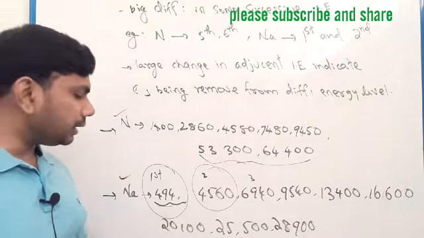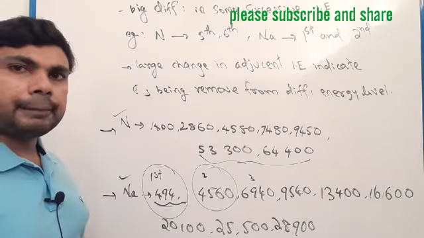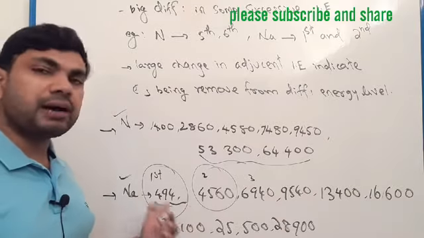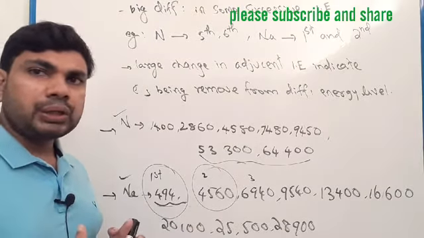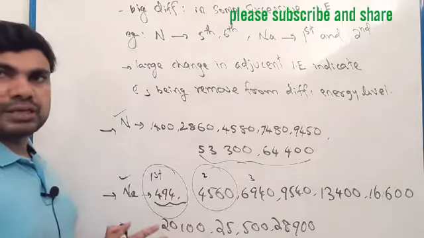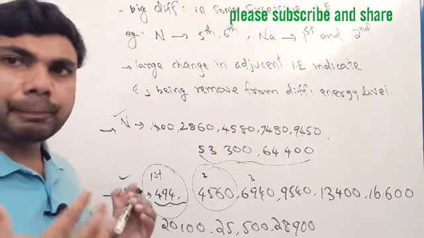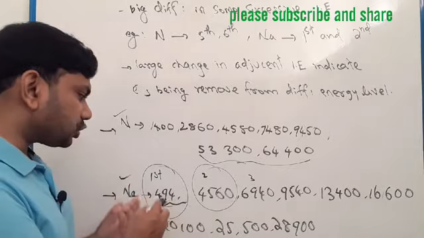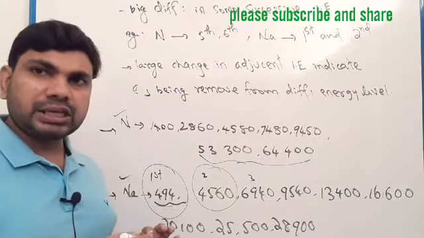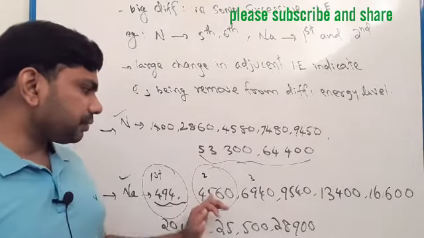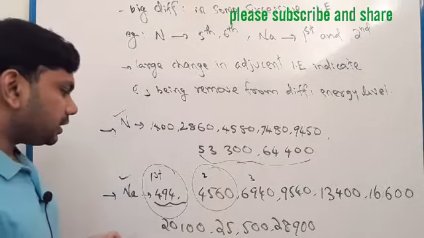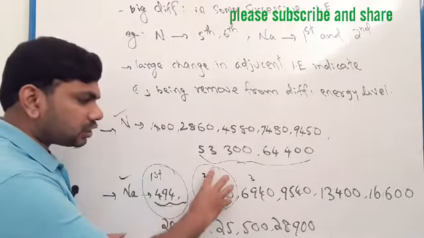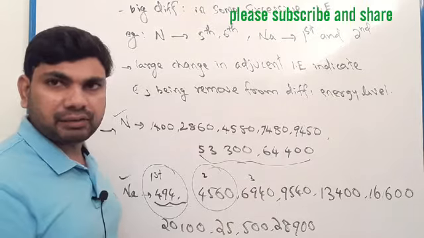Okay, and here second ionization energy, it is 4560. So you can see a big difference. So this type of big difference indicate that the first electron in one energy level and this electron in another energy level.